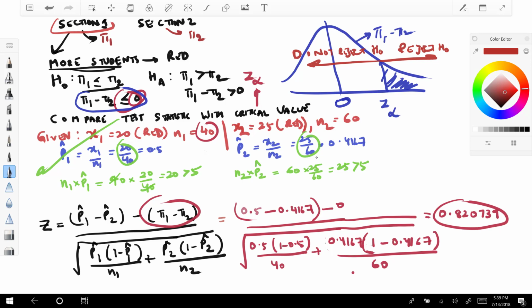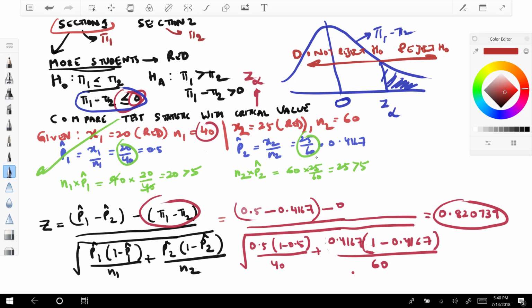We are looking for our critical value, so to get alpha we need a confidence level.